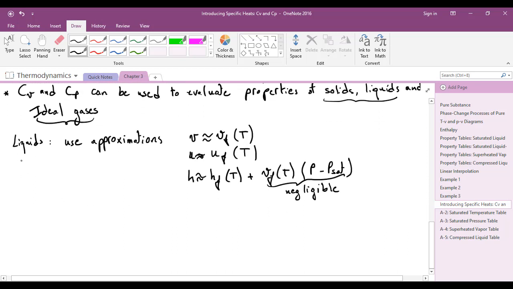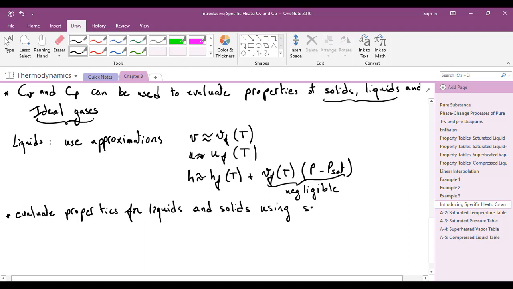So for liquids and solids also we can evaluate properties using specific heats. So this is another way to evaluate the properties of liquids and solids.